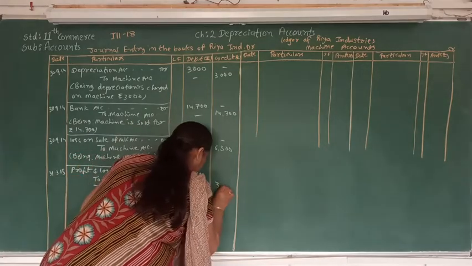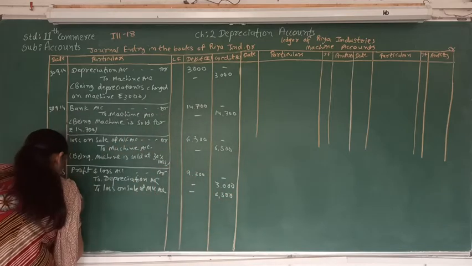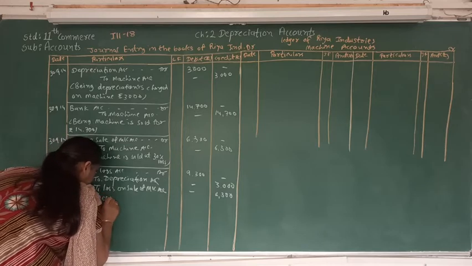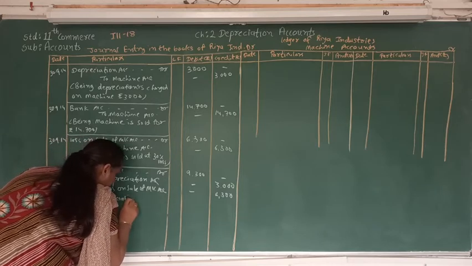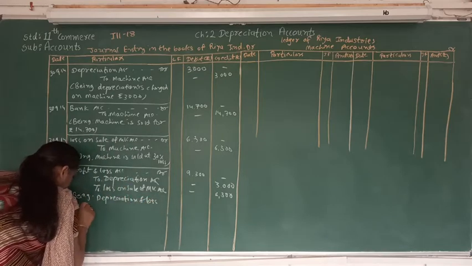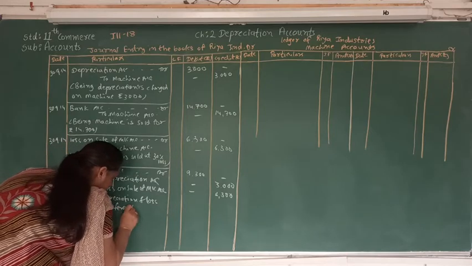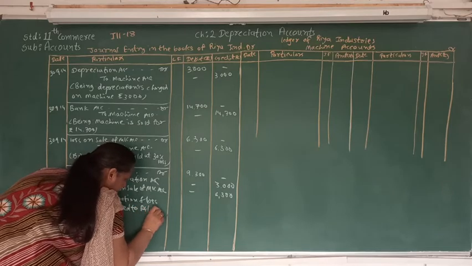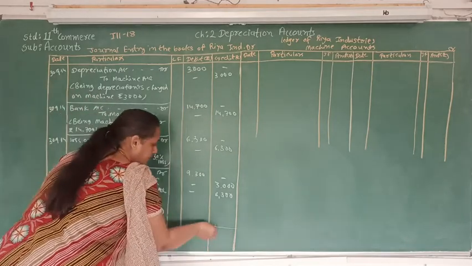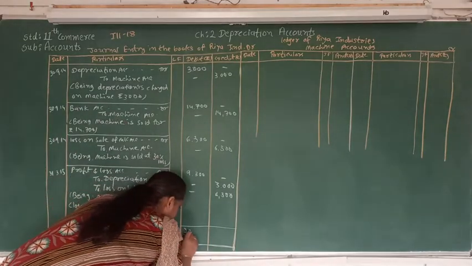Here it will be 3,000, and here it will be 6,300. Being depreciation and loss account closed and transferred to profit and loss account. Alright. So here we are finished with all the journal entries. Let's make the total of this. So the total of this will be 33,300.